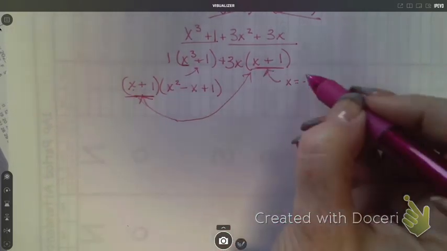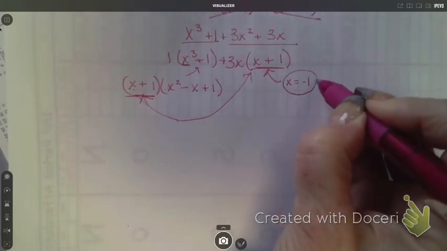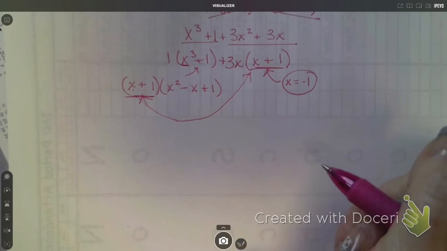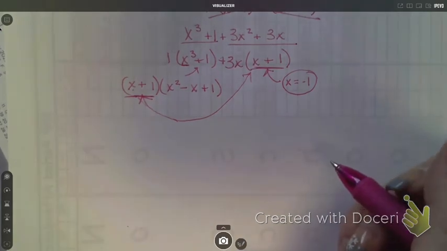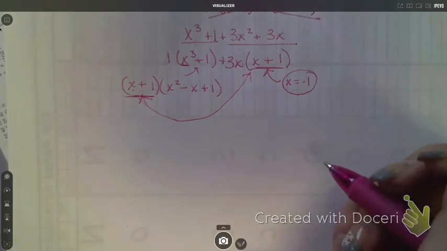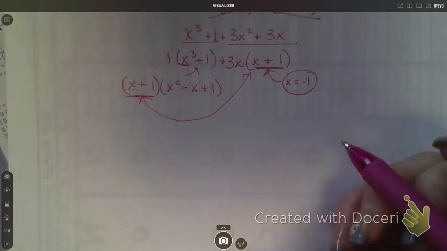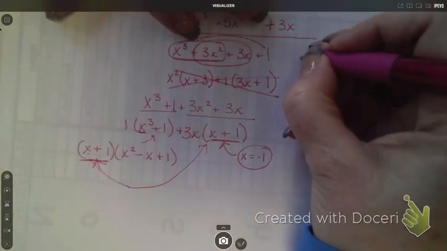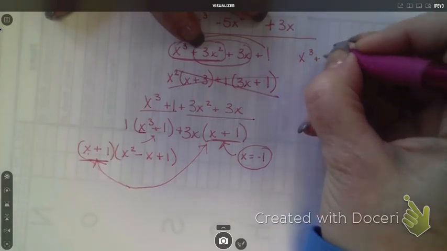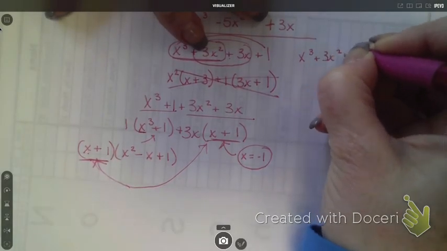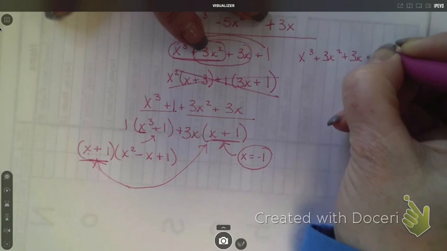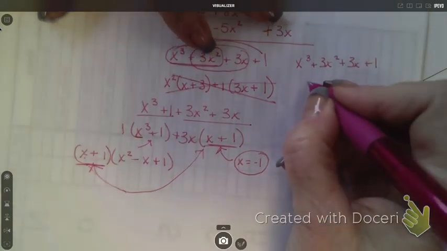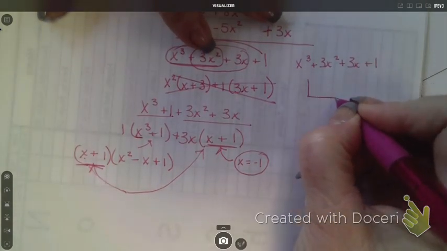So we know what is a 0 of it. X minus 1? X minus 1. So could we use that with synthetic division to find the rest? Okay, so let's come back up here to x cubed plus 3x squared plus 3x plus 1, and synthetically divide by what number?